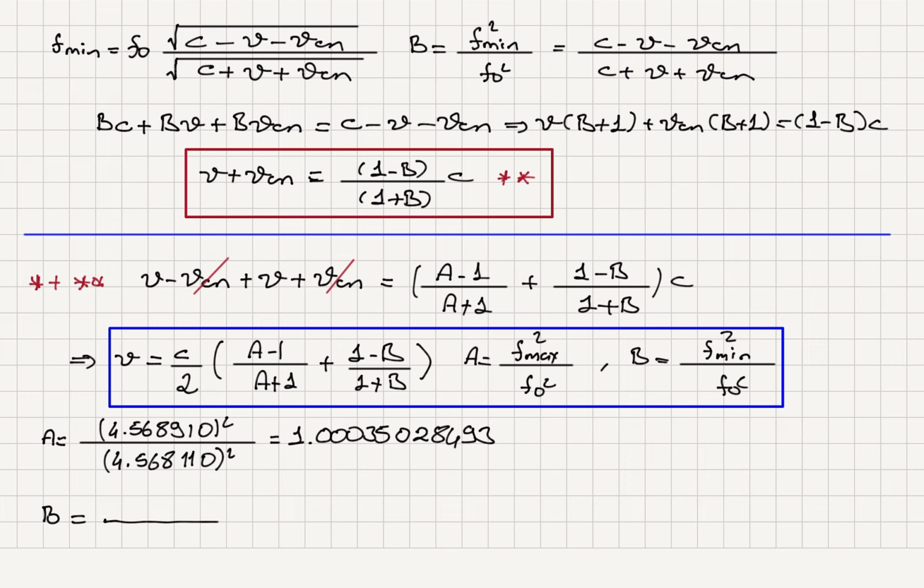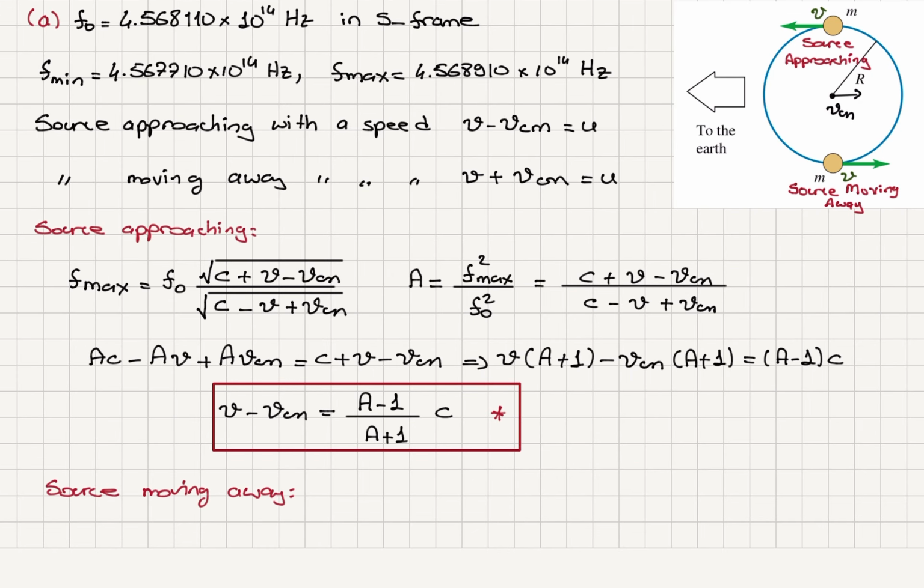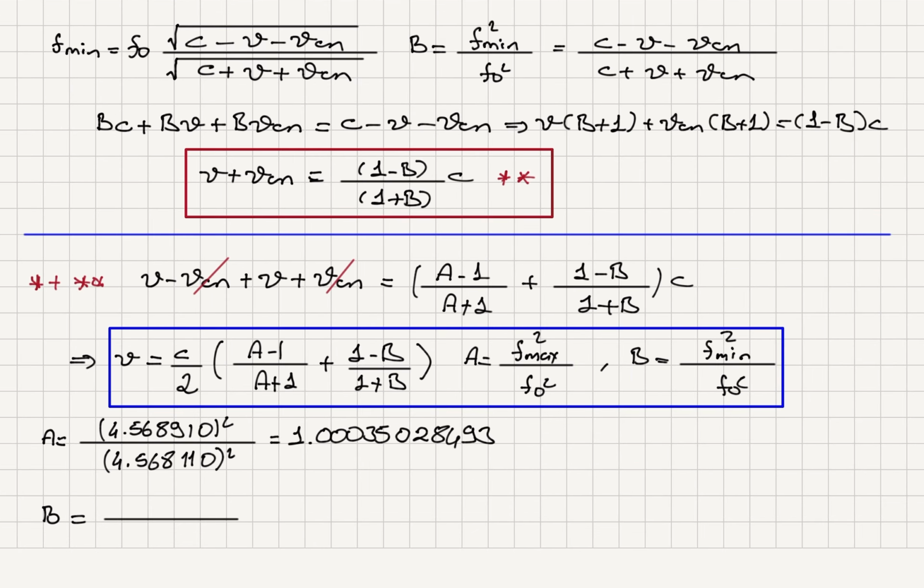And I do the same for B. This time I have minimum frequency squared. Minimum frequency is here, 4.56710 squared divided by 4.568110 squared, and that gives us 0.9998248800536.